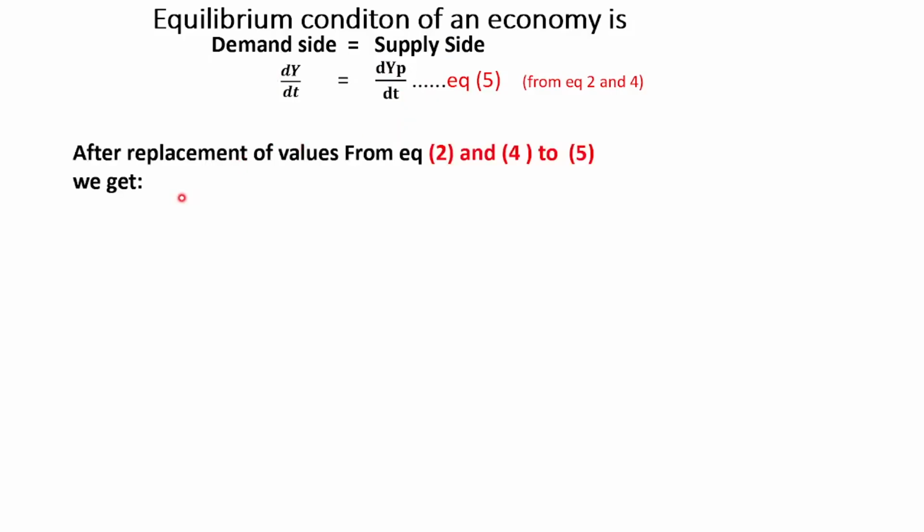After replacing values from equation 2 and equation 4 into equation 5, we get (1/s) dI/dt = σ times investment. Again, by rearranging investment and saving rate, we get (1/I) dI/dt = σ times s, the saving rate, which is called equation 6. And this is the fundamental equation of the Harrod-Domar model.